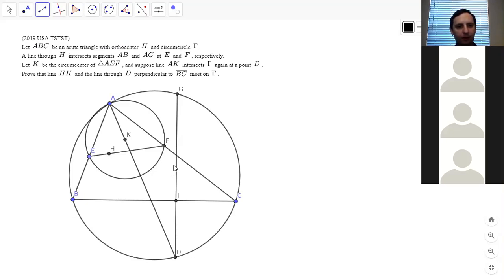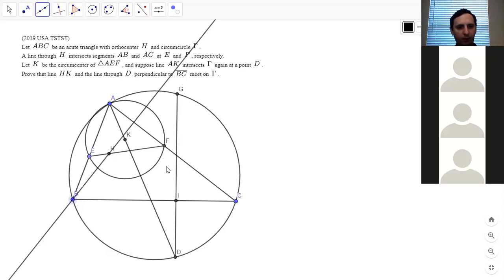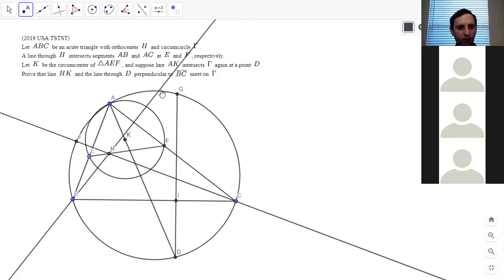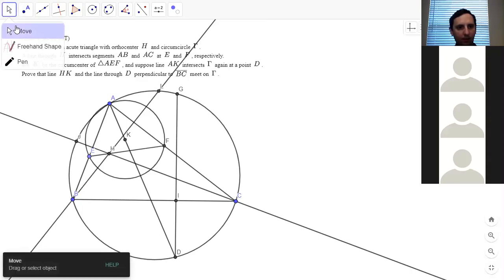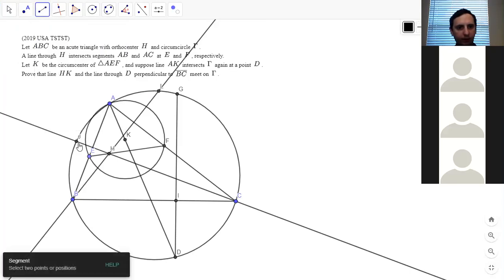So yeah, maybe we could try to use Pascal's theorem. I want to use that this is the orthocenter, right? So if I let it meet the circle at 2 points, J and L, then I think J, E, and B are collinear?